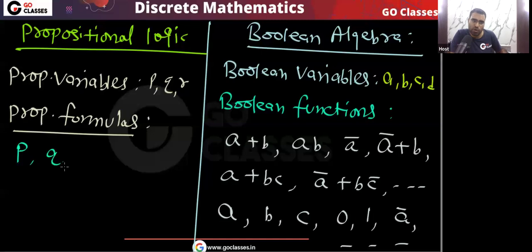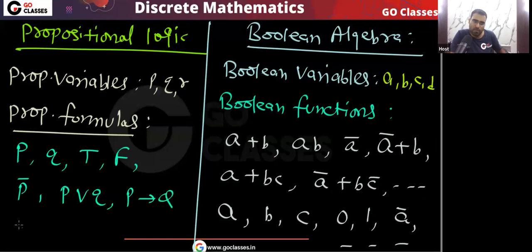P is a propositional formula, Q is a propositional formula, true is a formula, false is a formula, P bar is a formula, P or Q is a formula, P implies Q is a formula. For example, negation P or P implies Q, that is a formula, and so on. Is this clear to everyone? The difference and the similarity?